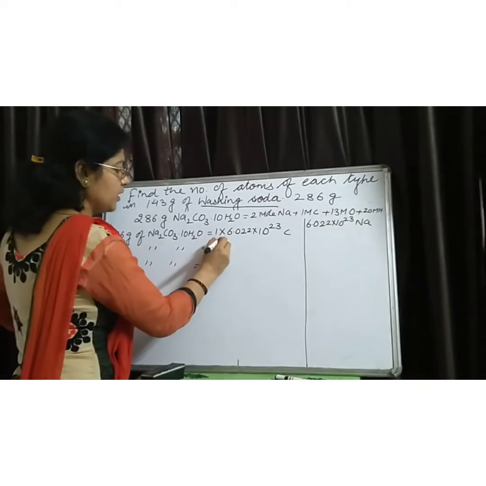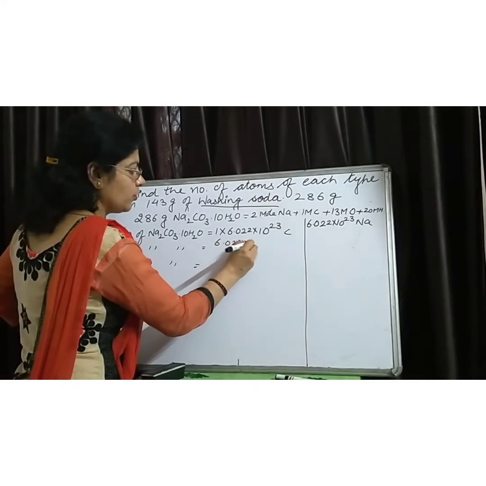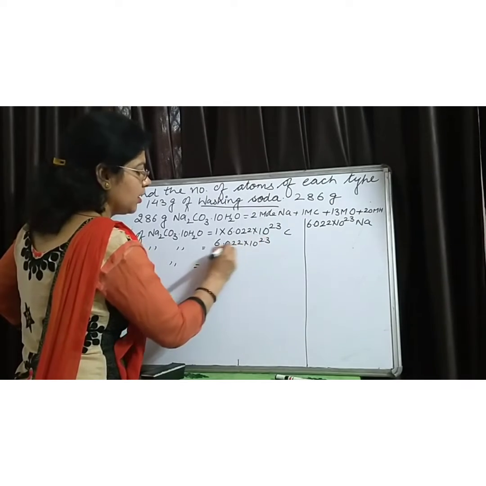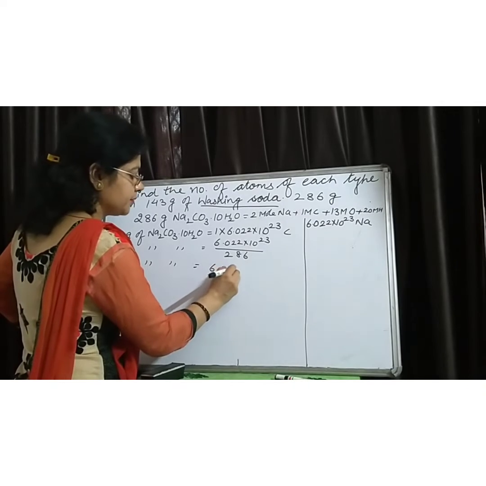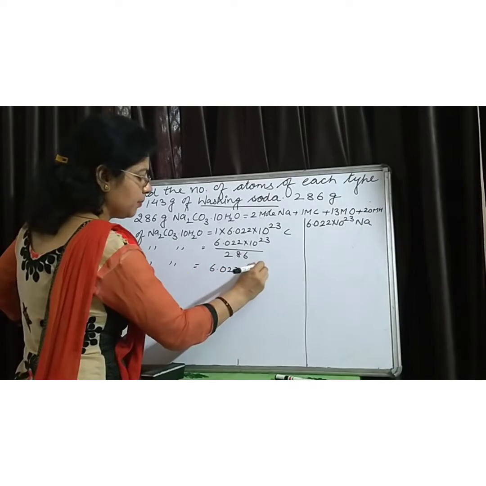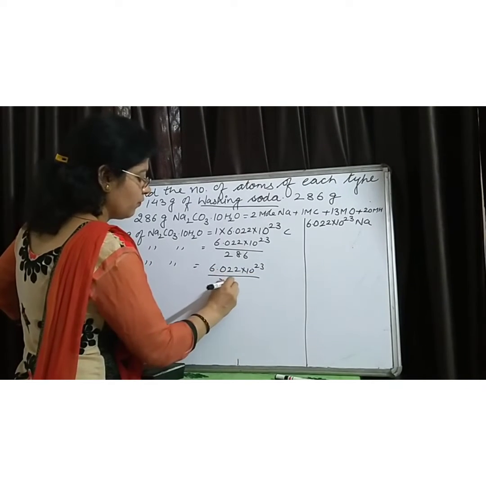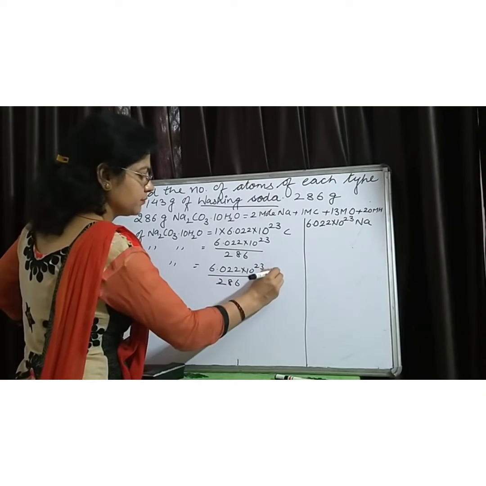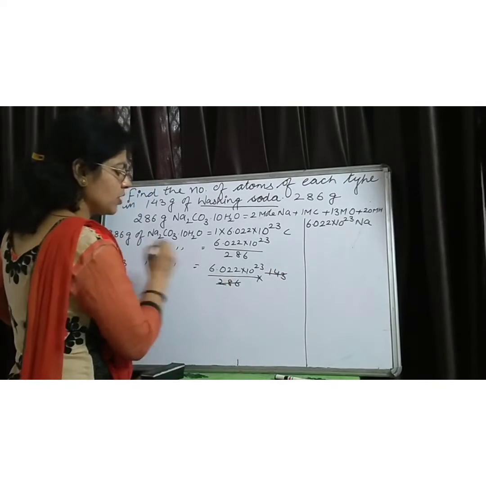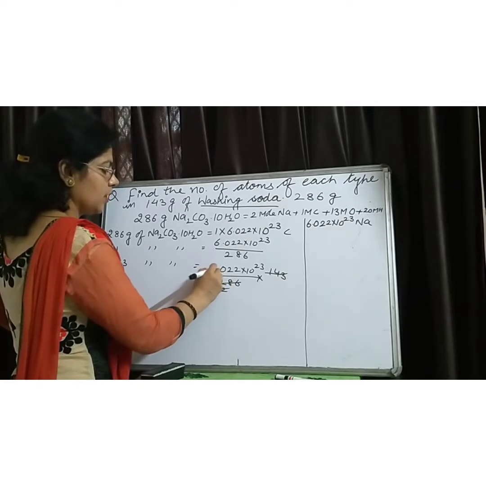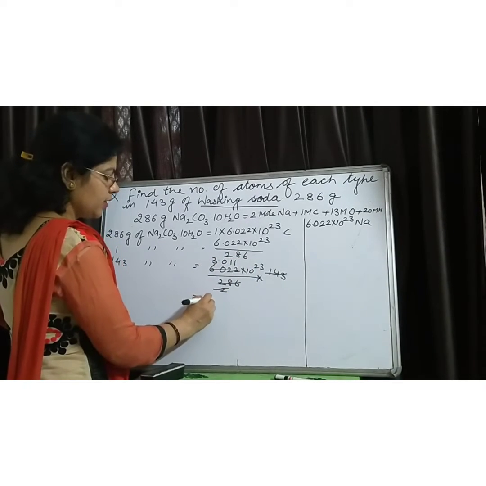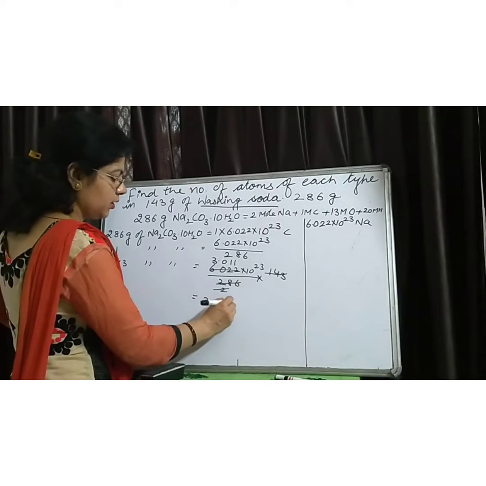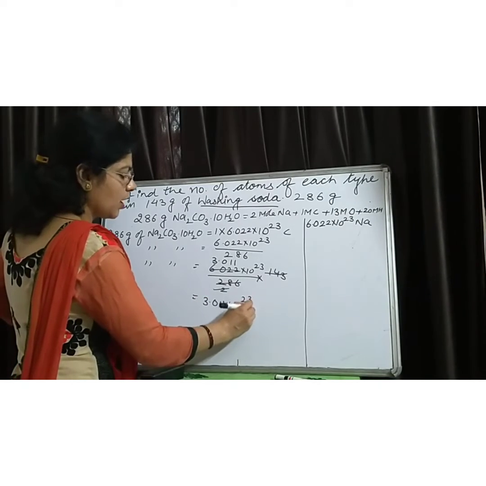It comes out to be 6.022 into 10 raised to power 23 divided by 286 multiplied by 143, and it comes out to be 3.011 into 10 raised to power 23 atoms of carbon.